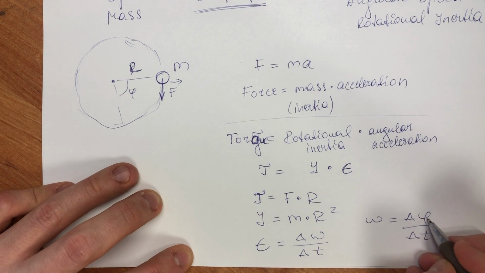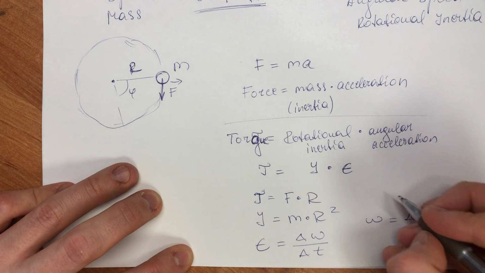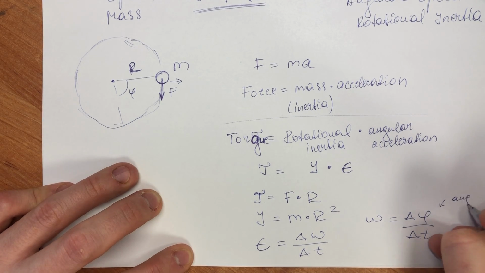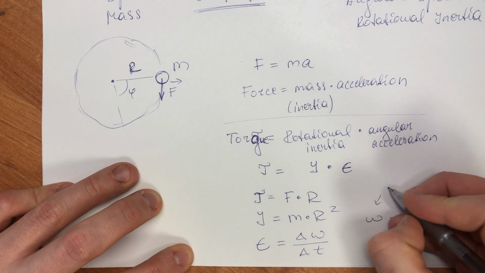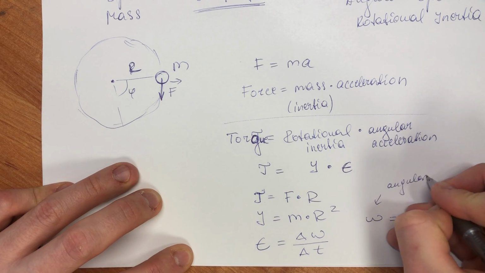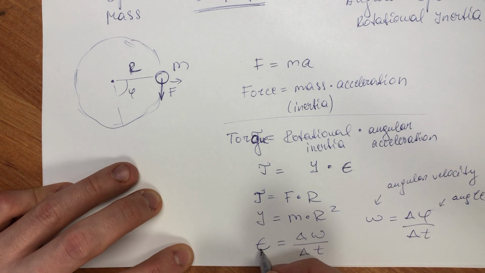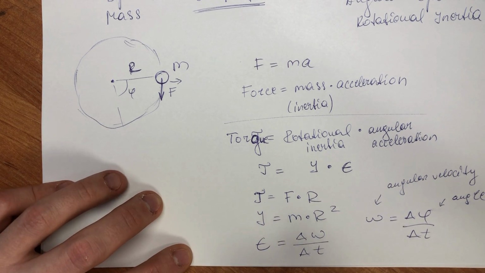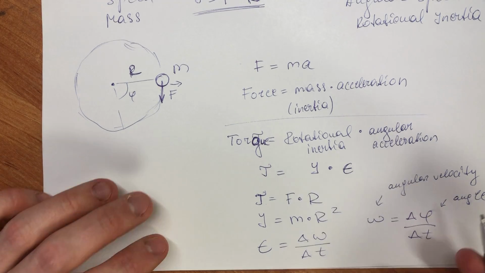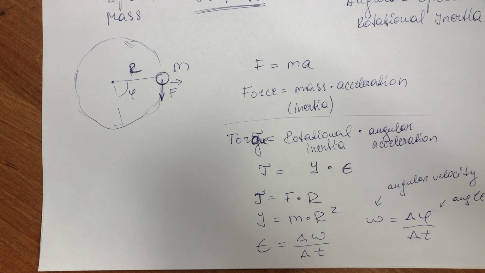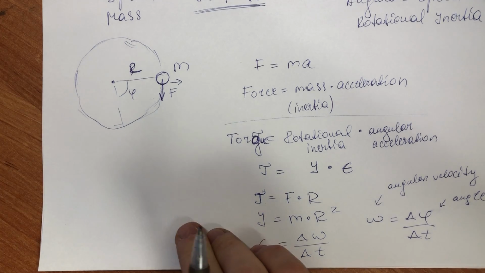So omega is angular velocity, phi is angle, and epsilon is angular acceleration. Rotational inertia, torque. Okay, so here are the equations.